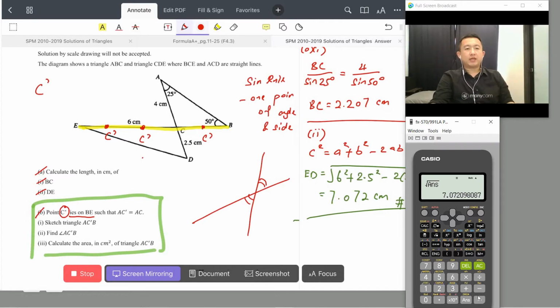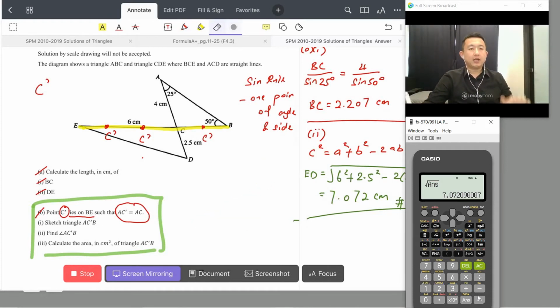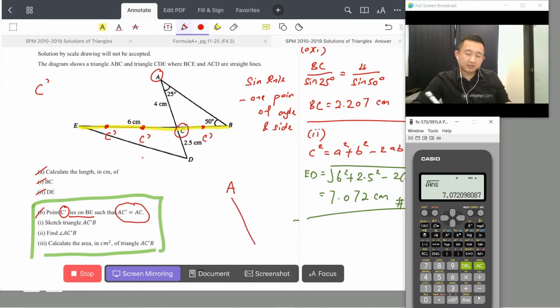Okay, so what other information do we know? We know that AC prime equals AC. What does it mean? AC prime, AC, they share the same point, which is A. Okay, let's say this is A, this is C. We have something like this, AC.